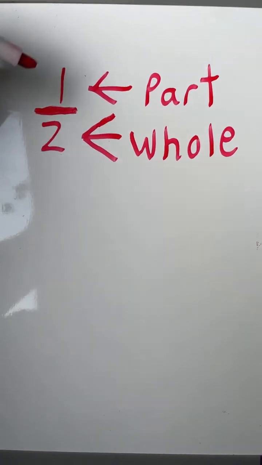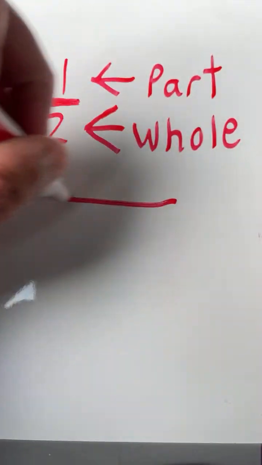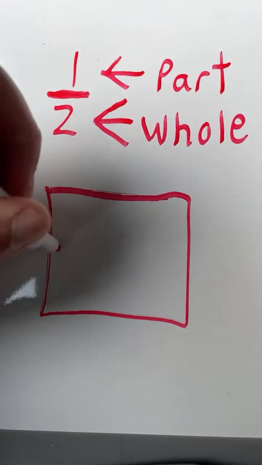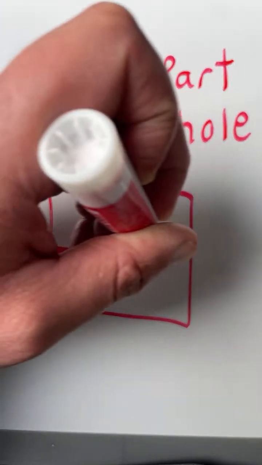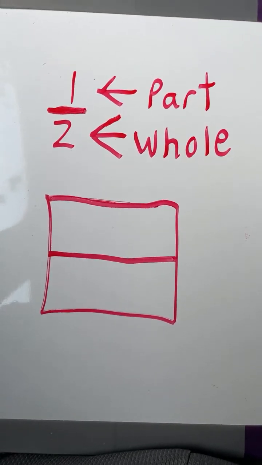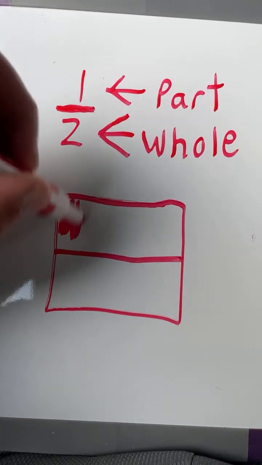So for example, the fraction 1/2 has a total of 2 parts. Two equal parts. And one of those 2 parts is filled.